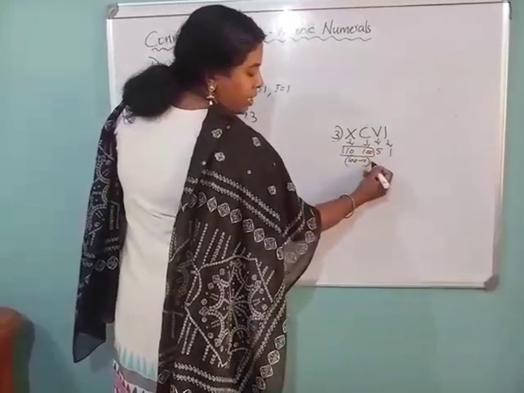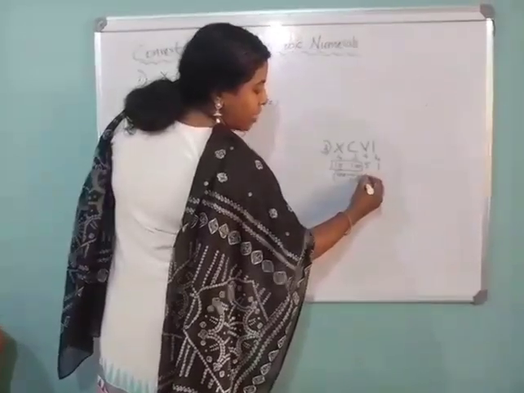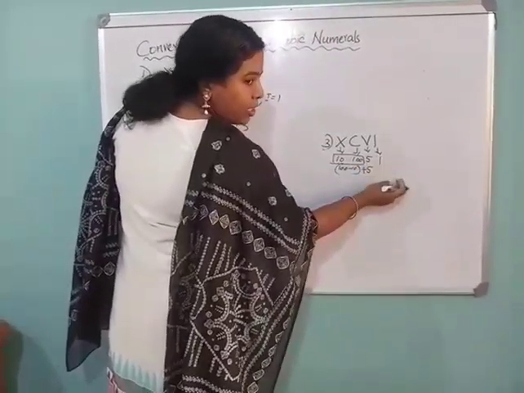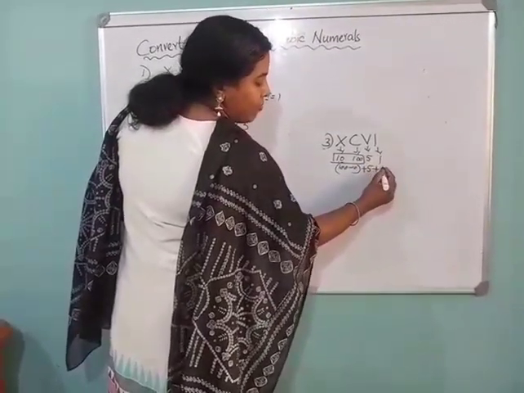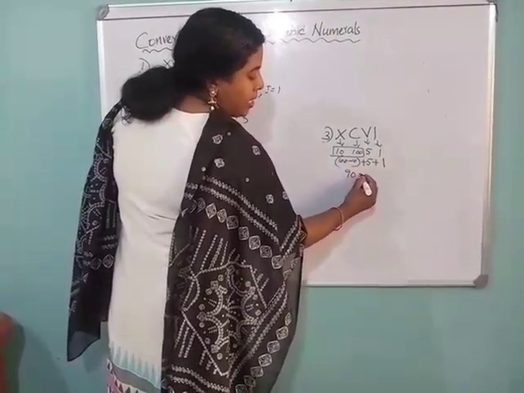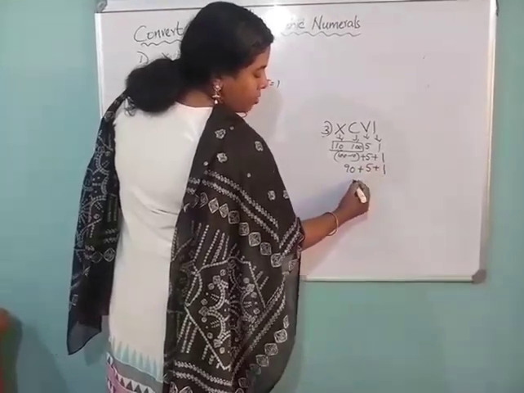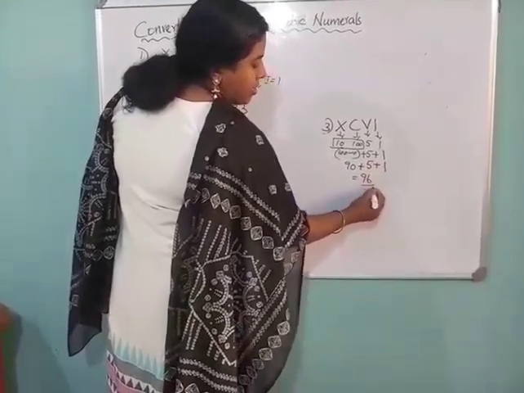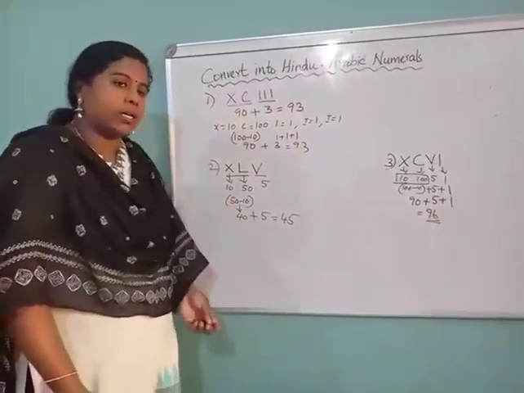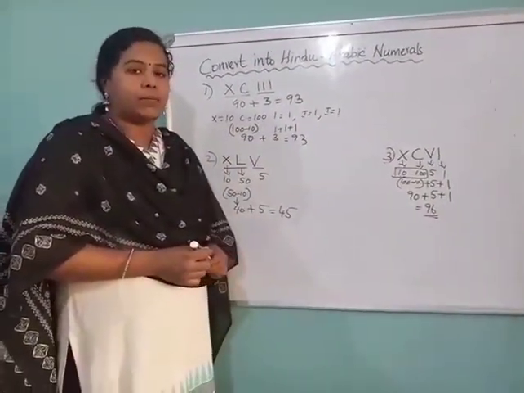Now after that a smaller number comes on the right hand side, so we should add it. Again a smaller number comes on the right hand side, we should add it. So 100 minus 10, 90, plus 5 plus 1. So 96. This is the way to convert Roman numerals into Hindu-Arabic numerals.